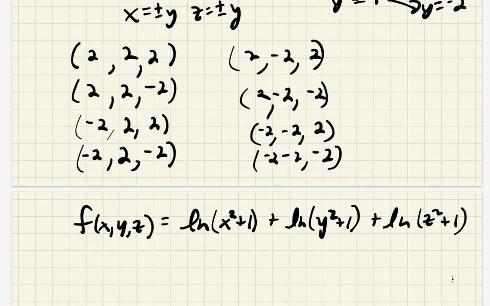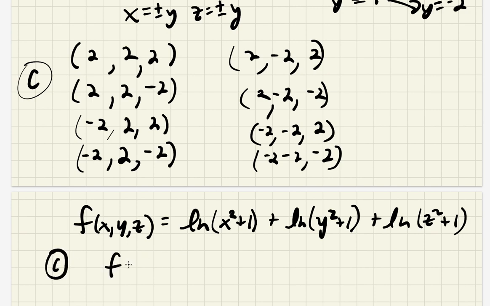Okay, so it's invariant about the plus or minus, and so let's take the most recent 8 points that we got. The x squared plus 1 is going to be 5, whether it's plus or minus 2. Same for the ln of y squared plus 1. Same for the ln of z squared plus 1. Let's call these the c points.